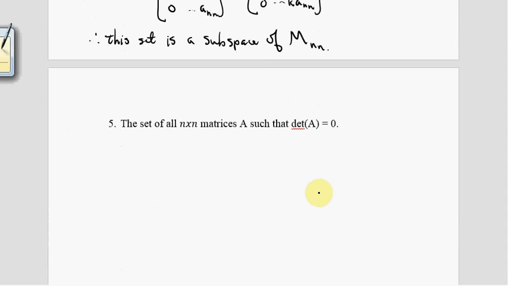Number 5. The set of all n by n matrices A such that the determinant of A is equal to 0. Is that a subspace or not? Let me ask you that question. Do you know what you have to do if you say yes?